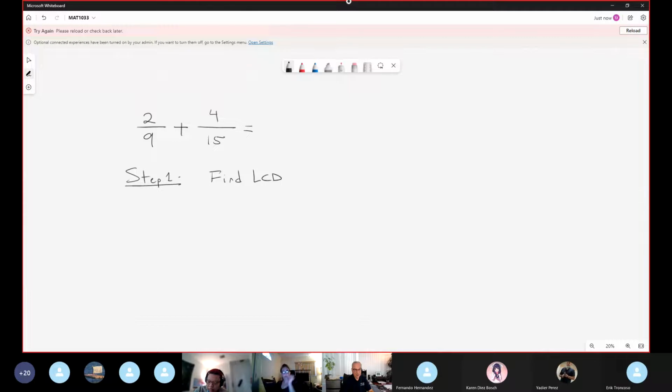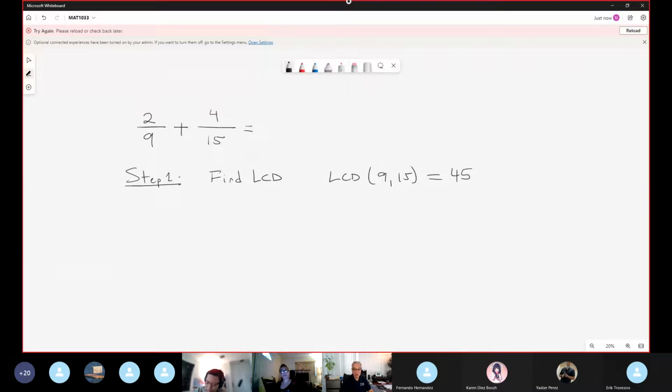Magically, 9 and 15, you put a common denominator, and then it's easy to add or subtract. So the LCD between 9 and 15 is 45.